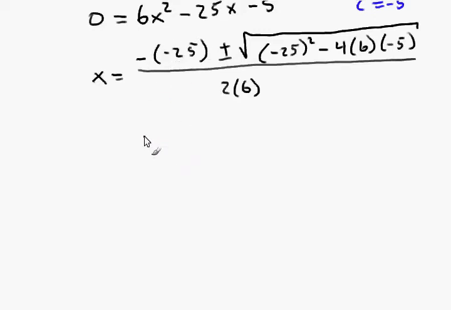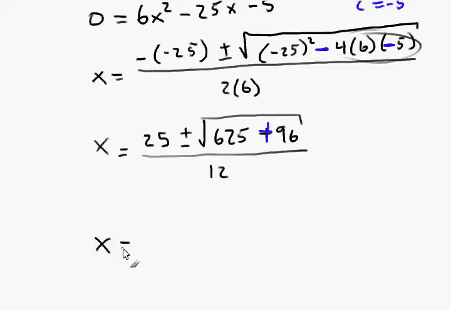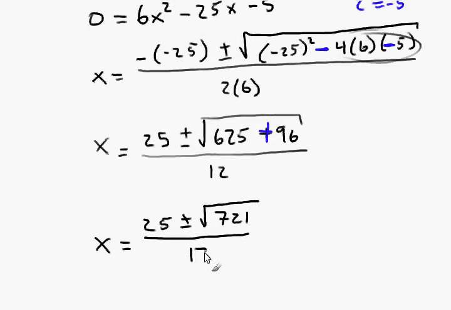Negative negative 25 makes this a positive 25, plus or minus the square root of 25 squared is 625, and this simplifies to be 96. Note the two negatives making it positive. And this will all be divided by 12. So after we simplify, we'll get 25 plus or minus the square root of 721, and this entire thing will be divided by 12.